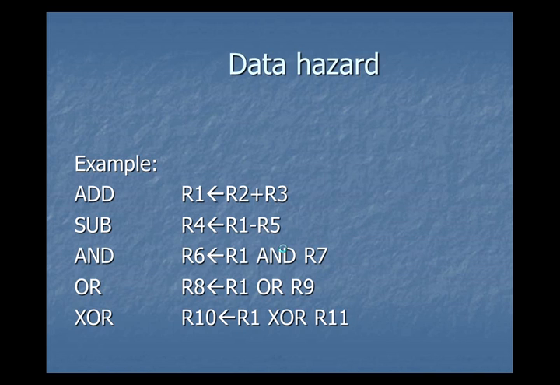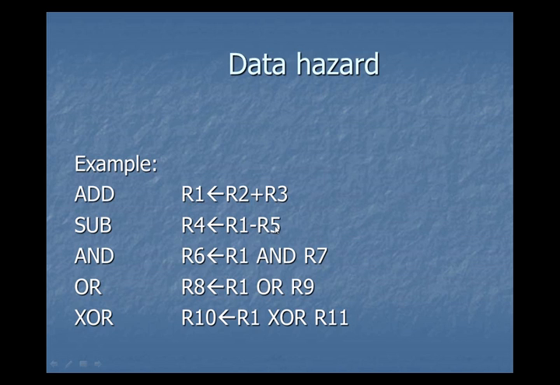Next is your data hazard, that is how the data will be affected by a disturbing element. There are a few data hazards. One is your add. This is your data hazard. R2 plus R3 means both values are added and stored in R1.